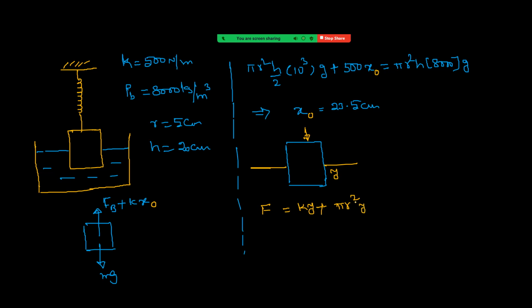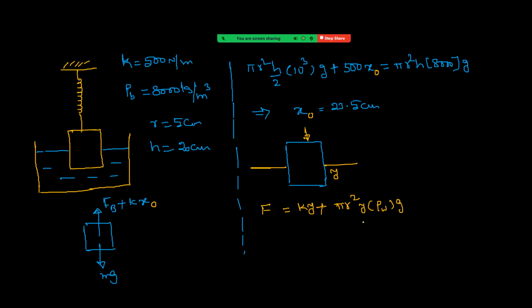This is the extra volume inside the liquid. Corresponding to the extra volume, we get extra buoyancy force, so into density of water into g. See carefully, initially it was in equilibrium. Now when you press it down, because of the extra volume in the liquid, we get extra buoyancy force. Next, when you press it down, the spring has extra elongation, that is y.